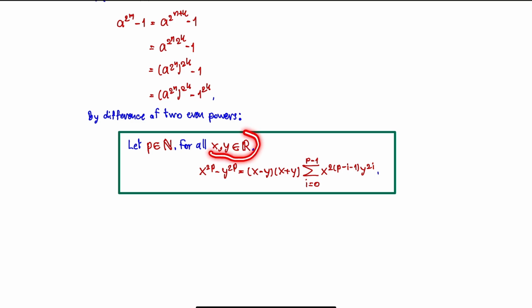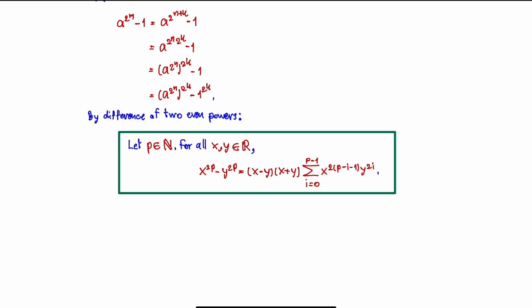For all real numbers x and y, we have x raised to the 2p minus y to the 2p. We can write it as x minus y, times x plus y, times the sum from i equal to 0 to p minus 1, where the summand is x raised to the 2 times p minus i minus 1, and y raised to the 2i.